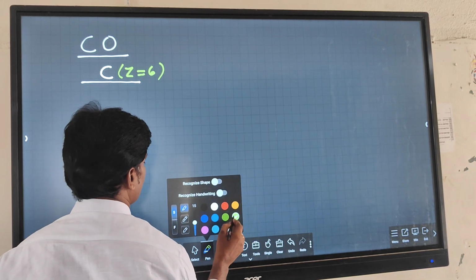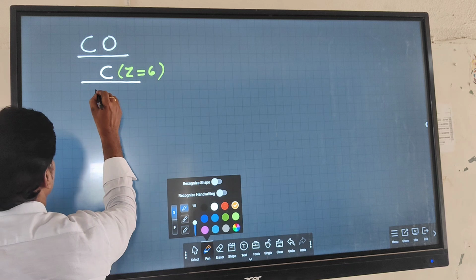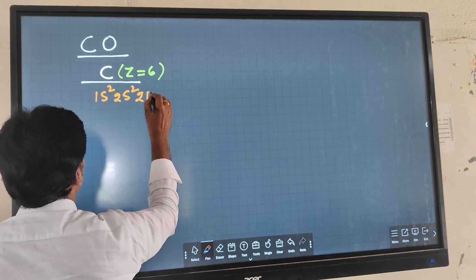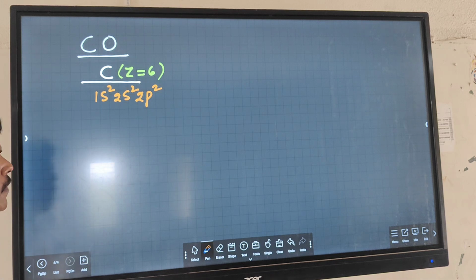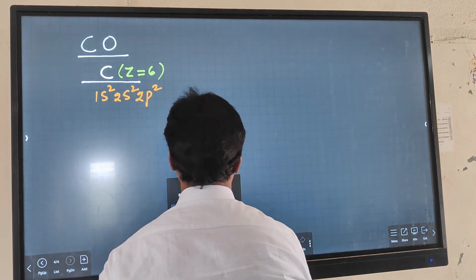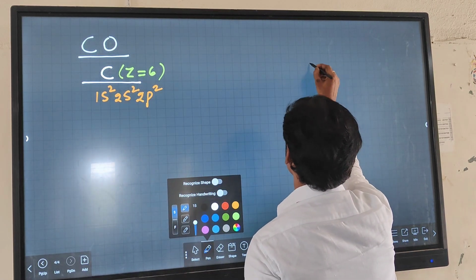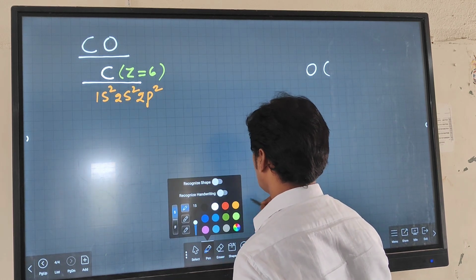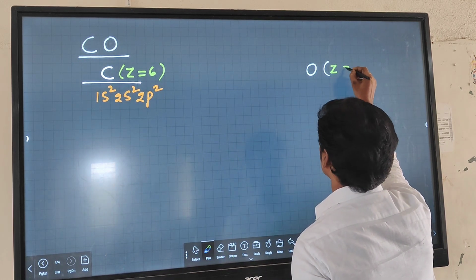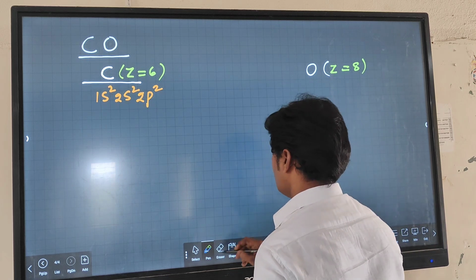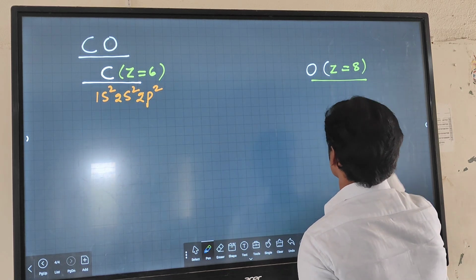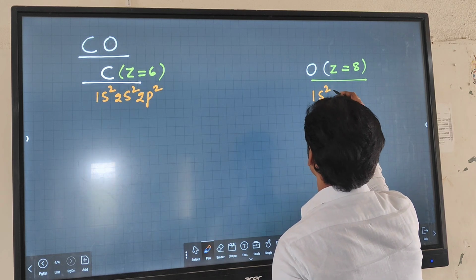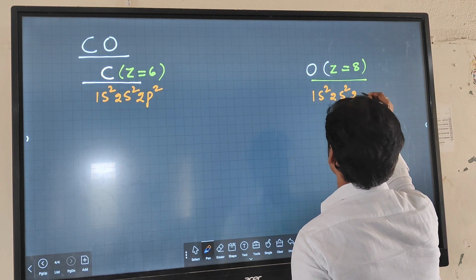So the electronic configuration of carbon is 1s2, 2s2, 2p2, and oxygen, atomic number of oxygen Z is equal to 8. The electronic configuration of oxygen is 1s2, 2s2, 2p4.